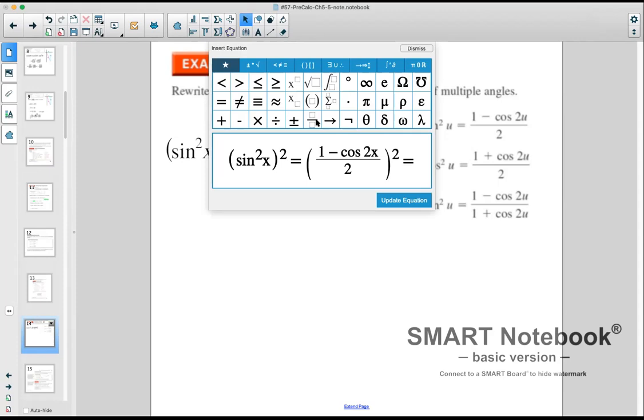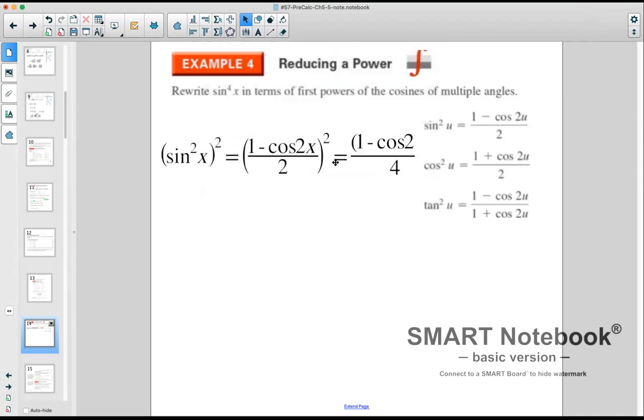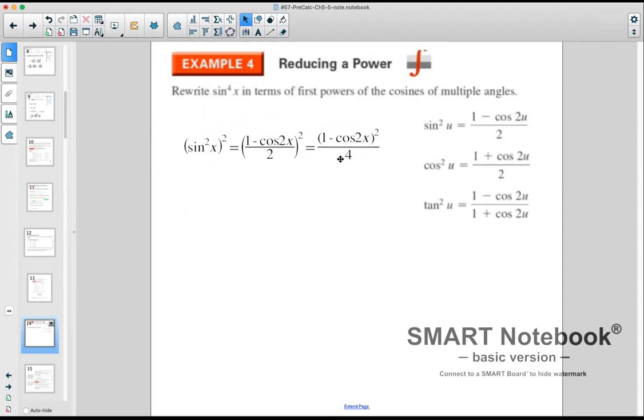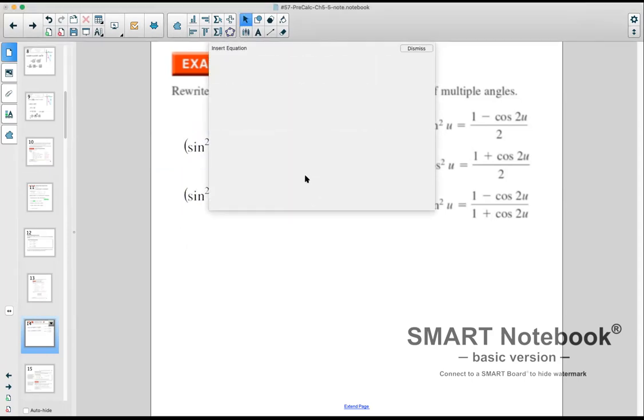The first one is 1 minus cosine 4x. So how about the denominator? 4. Yeah. Okay, let's do this one. I will cut and paste this one. 4 minus this one. Let's distribute the property here. Now I will erase this one.